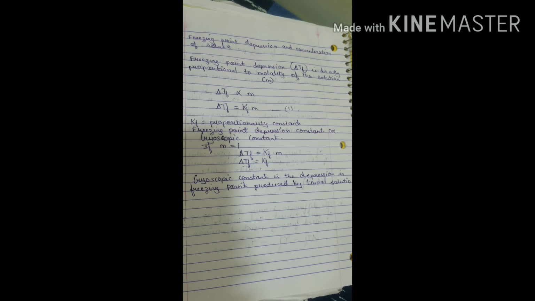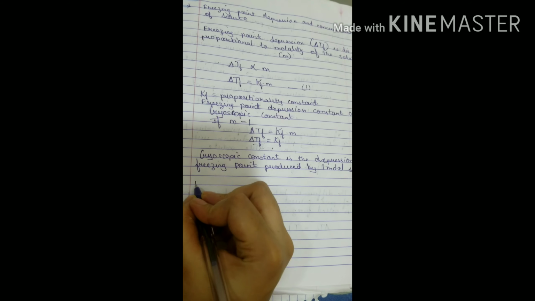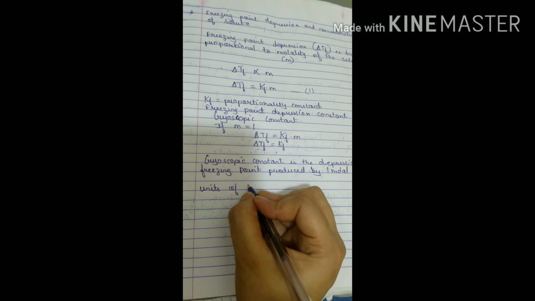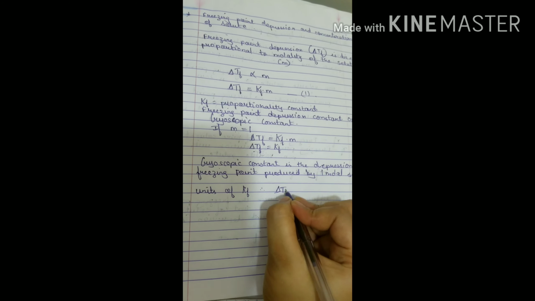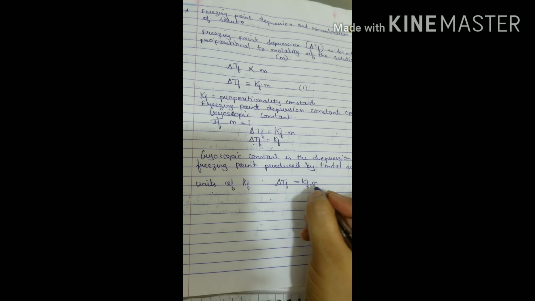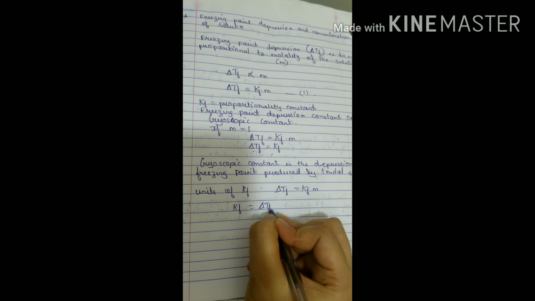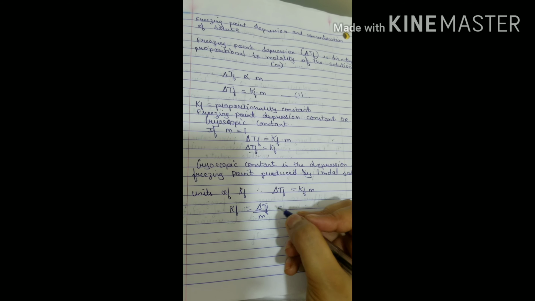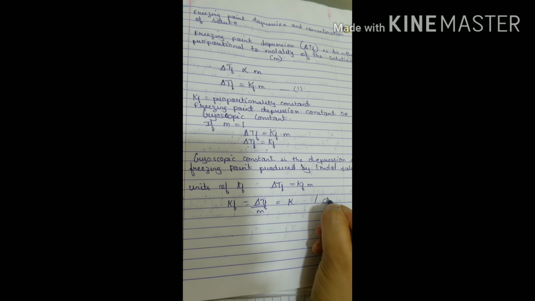Okay, now next you need to know the units. So to find the units of Kf, you have to consider the equation delta Tf is equal to Kfm. Now get this Kf on the other side, so you are left with delta Tf and m. Here the temperature is measured in Kelvin and also in degree Celsius.